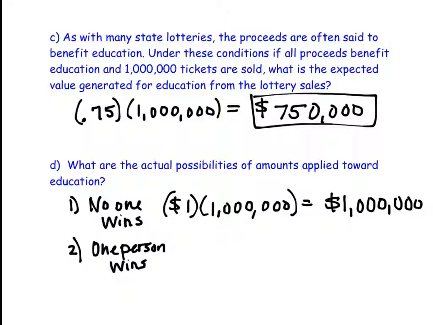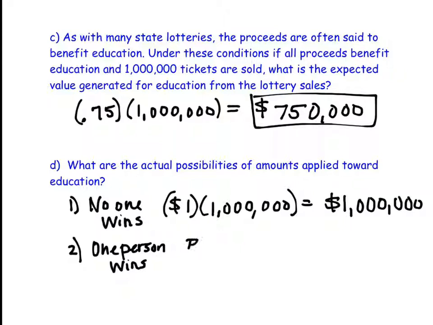So if someone wins, what happens? Well, still 1 million people played, so $1 million came into the government, right? But then what did they have to do? They have to pay out the $13 million for the prize winner, right?